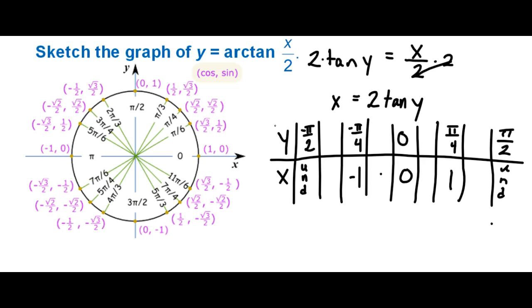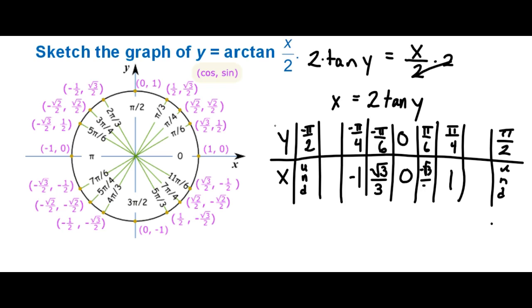The ones in between here, we have pi over 6 or negative pi over 6. One's just going to be the opposite of the other. We're going to have 1/2 divided by radical 3/2. So essentially 1 over radical 3. When we rationalize that, it's going to come out to be radical 3 over 3, which we've seen things like this earlier.